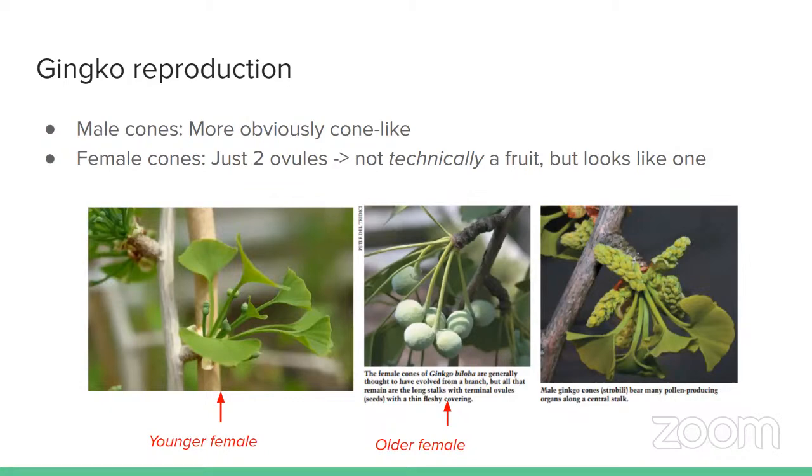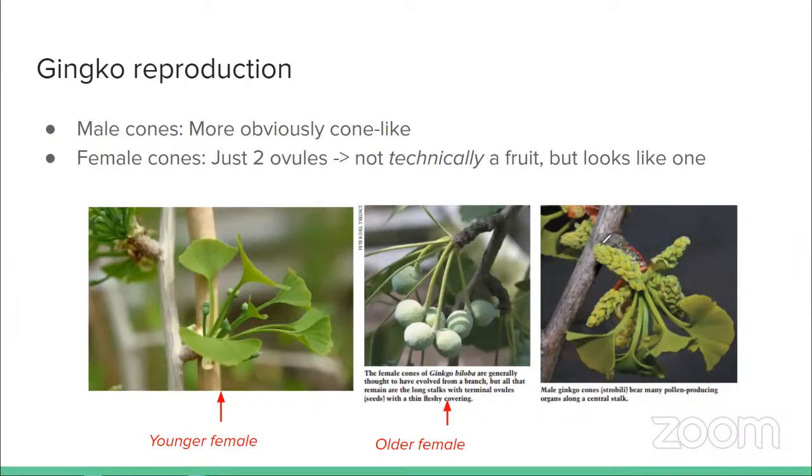Okay. So when we're thinking about their reproduction, or if we were trying to tell whether we had a male tree or a female tree, we'd be looking for its reproductive structures. So it's cones. The male ones look pretty cone-like. They look kind of like our pollen cones did on our typical pine tree. So this is a male ginkgo tree. The female cones look weird. They don't really look like cones at all. You have a little stalk kind of structure and then just two little ovules, okay?